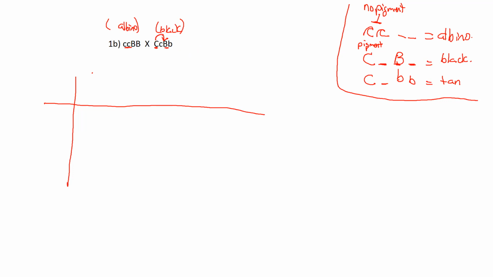If I have a capital C with capital B, that's going to be one of the gametes forming. Capital C, little b, different. And again, we don't show repeats within the same parent. Little c, capital B. I'll make my little c's very distinguishable from the big C's so I don't mix them up. And the little c, little b, that's different.